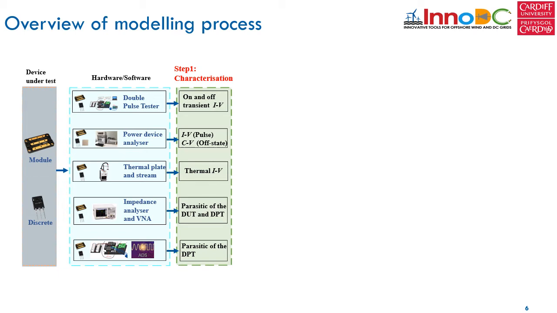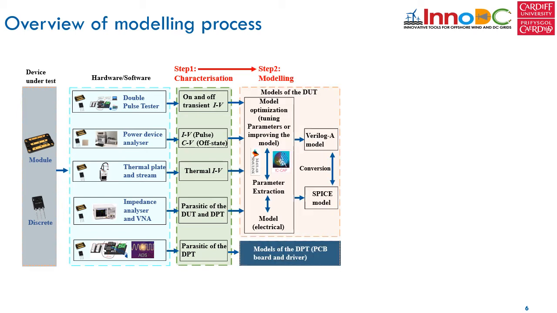Firstly, the device under test is characterized to obtain the IV, CV, temperature characteristics, and also the parasitics. Secondly, mathematical equations are designed to model these characteristics. Curve-fitting methods are used to tune the model to match the measured data.